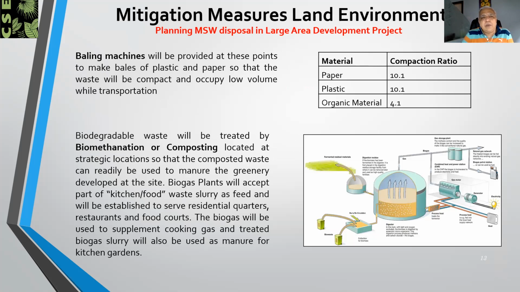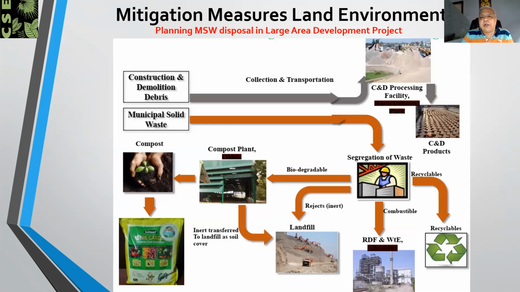There should also be a baling machine, compulsory for all the large area projects, to compact the waste and reduce the volume going out of the facility itself. Larger facilities should plan for biomethanation, while smaller facilities should have in situ composting. So the amount of biodegradable waste going to the landfill should be reduced, and it should be taken care of at the site itself.